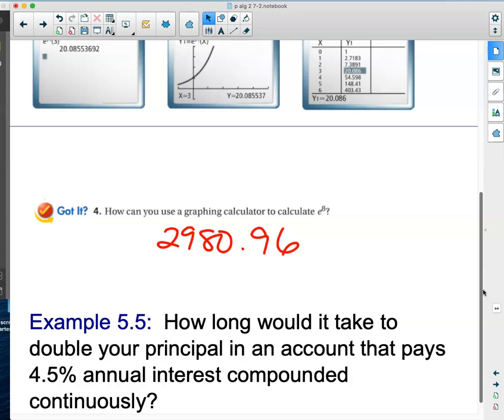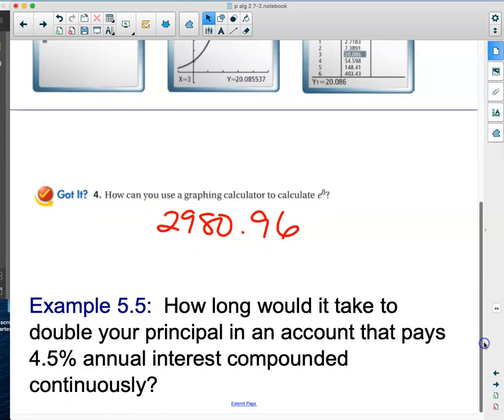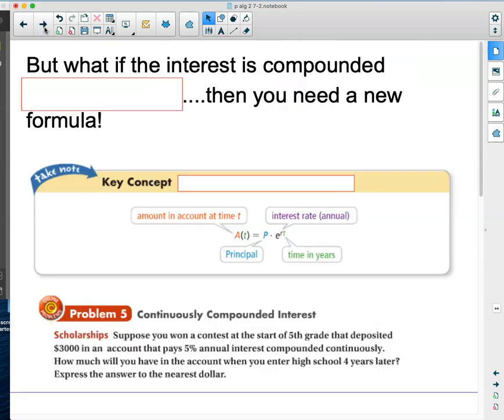All right. Now, like I told you, Leonard Euler was being a loan shark. And so what he did, we'll come back to that problem in a second, is try to figure out if I could compound interest all the time. And that's called compounded continuously.